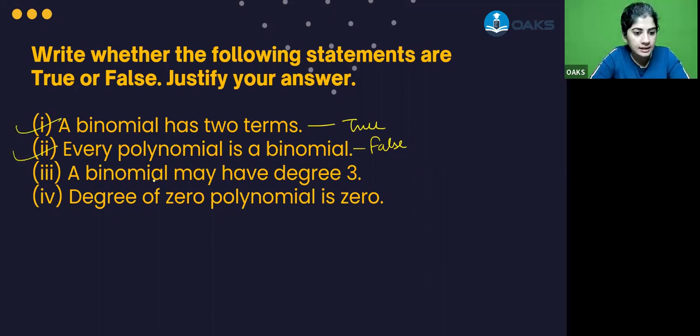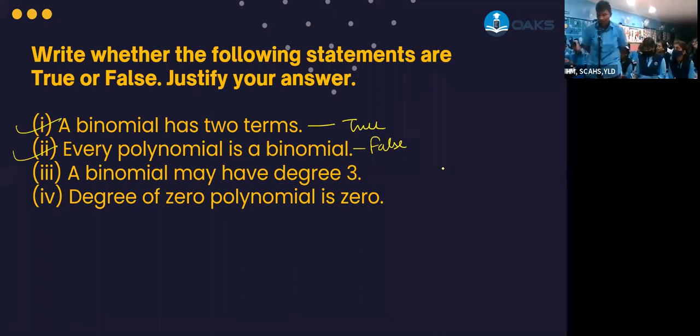Now I can see: a binomial may have degree 3. Okay, in school 2, the first boy in the first, second, third row that I can see. Yes, you. I'm very precise in asking students. Can you say true or false?